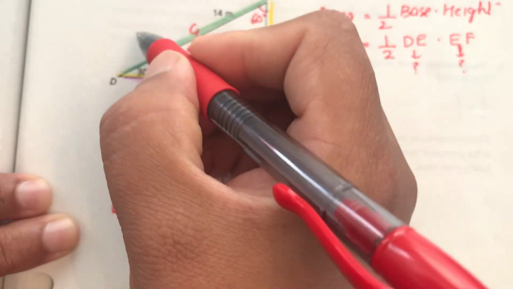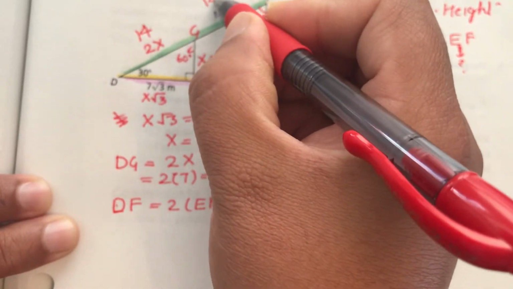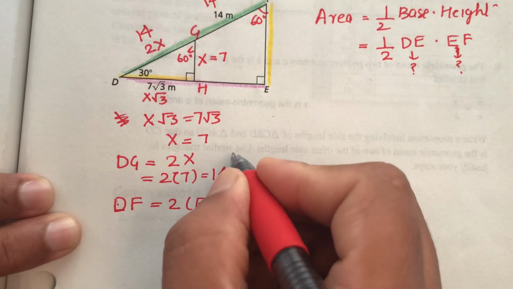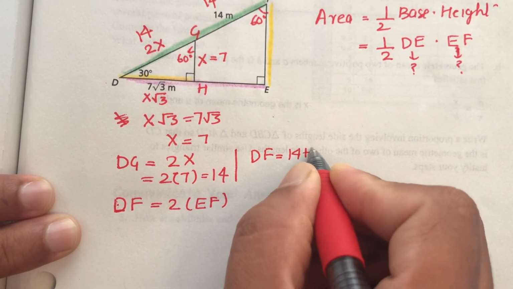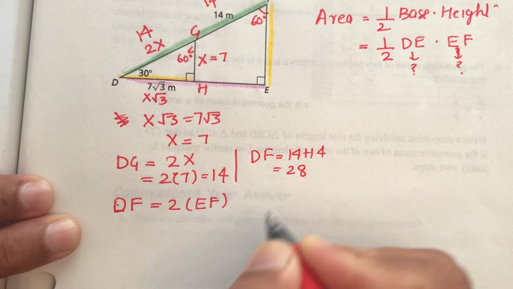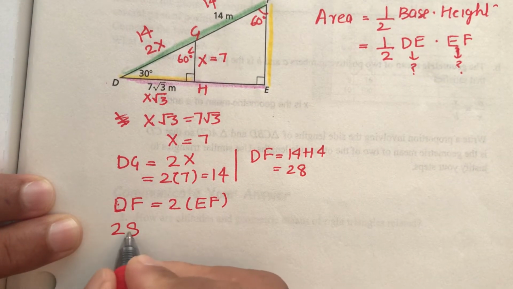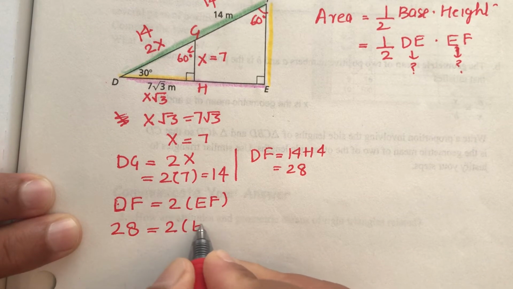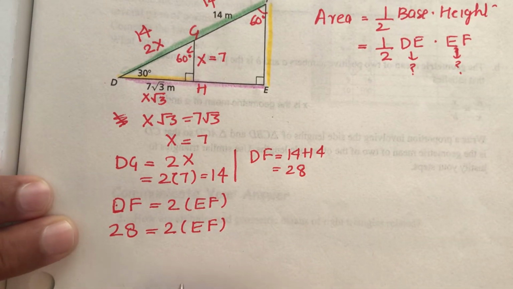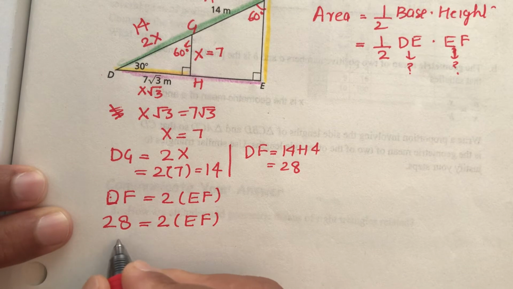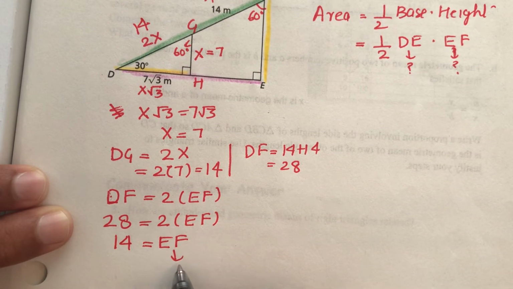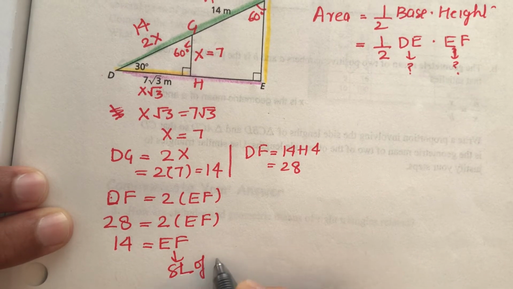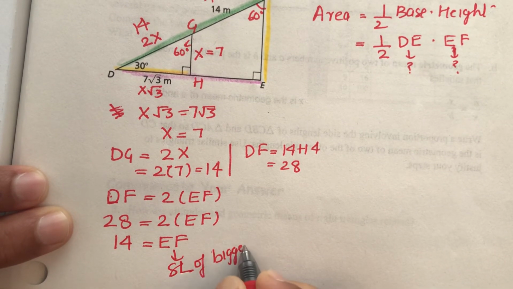This is 14 and this is 14, so DF is 14 plus 14, that is 28. So 28 is 2 times EF. I just divide both sides by 2, I get 14. EF is 14, the shorter leg of the bigger triangle. And actually that is what we needed.